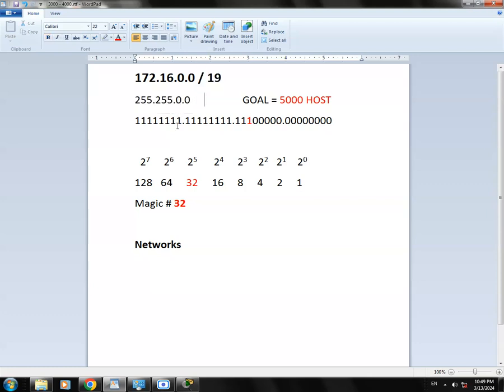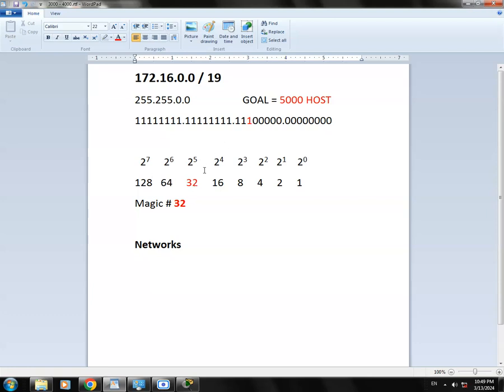This is 255 still, and this is still 255, but on this one we need to add these. The numbers that are registered on these three ones are these.